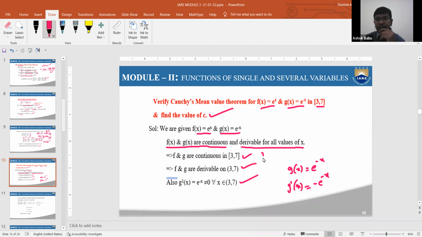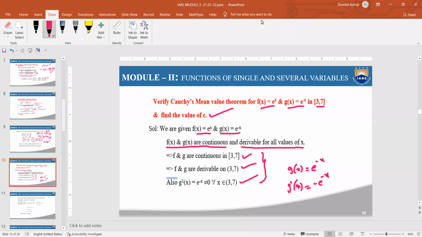Now we need to find out with the help of Cauchy's mean value theorem. What is Cauchy's mean value theorem? What is the next step? Anyone tell me? F dash c by g dash c is equal to f of b minus f of a by g of b minus g of a.